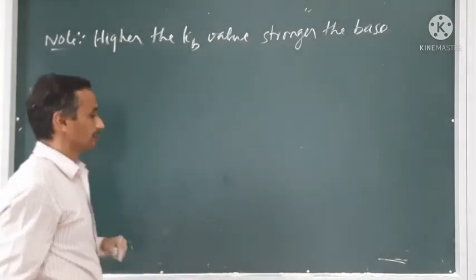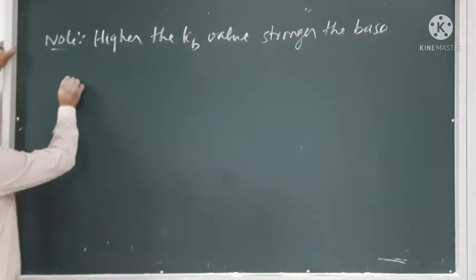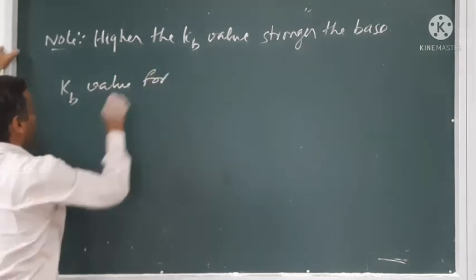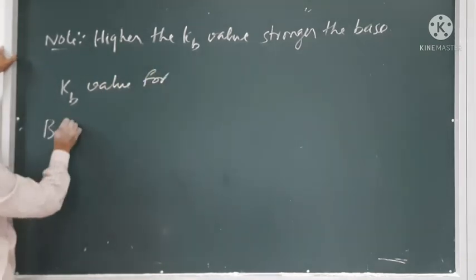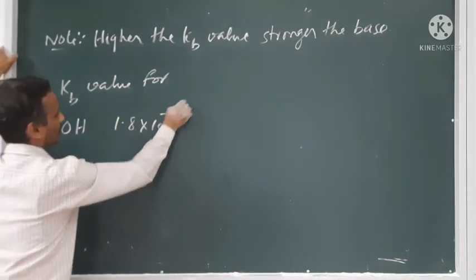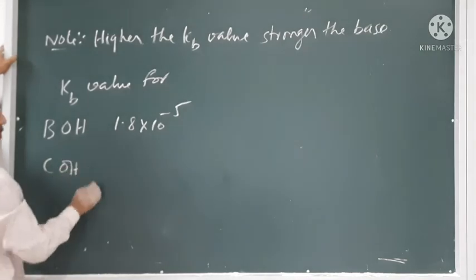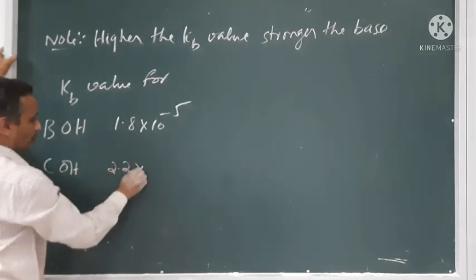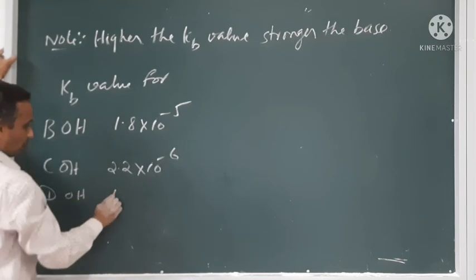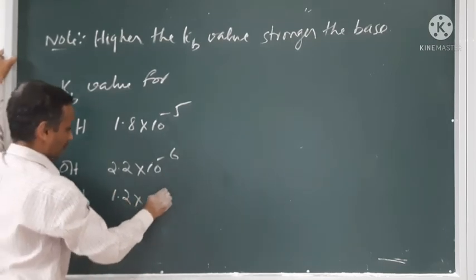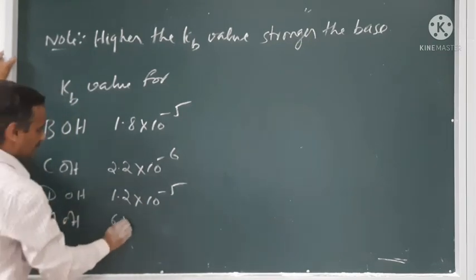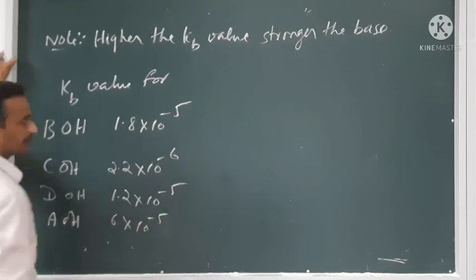Note on this properly. Say here, Kb value for BOH is 1.8 into 10 to the minus 5, COH 2.2 into 10 to the minus 6, DOH 1.2 into 10 to the minus 5, and AOH 6 into 10 to the minus 5.